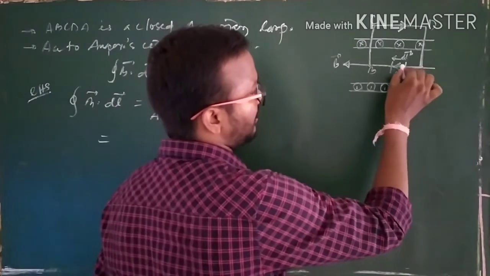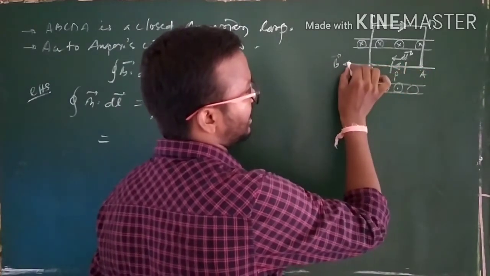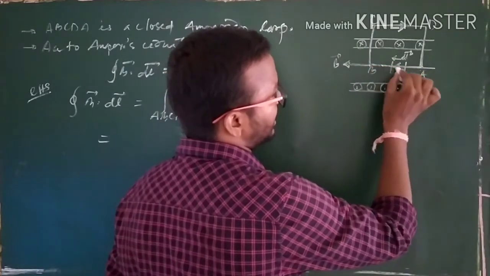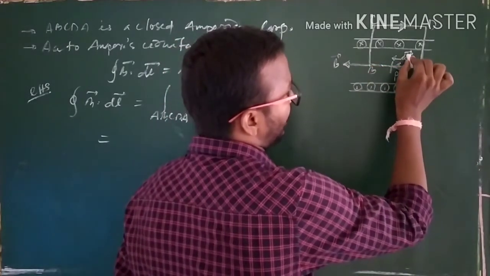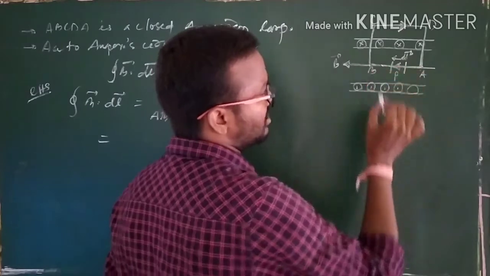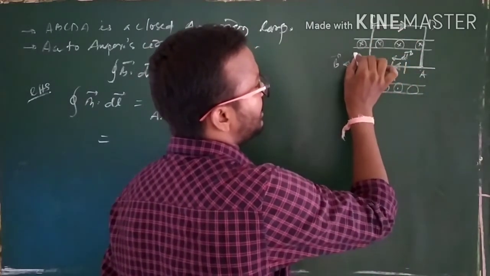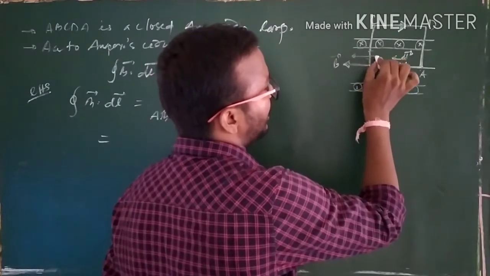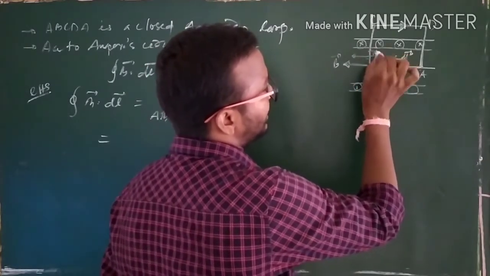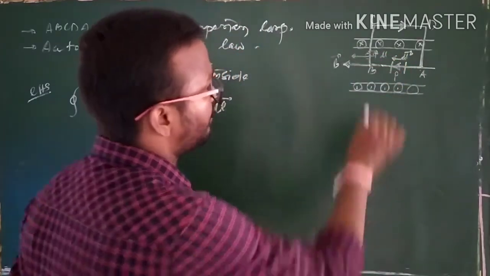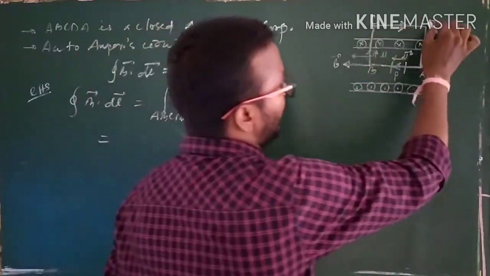From A to B, the magnetic field strength at each point is constant, and the angle between dl and B is constant. Similarly, for B to C, if you choose a small length element dl, the angle between them is 90 degrees. So B to C is symmetric, as are C to D and D to A.